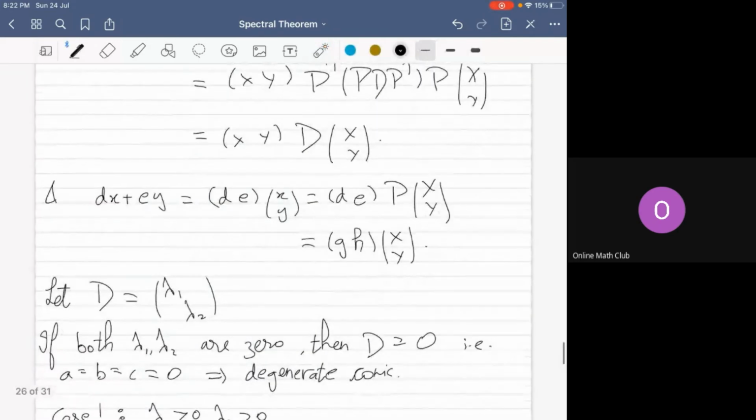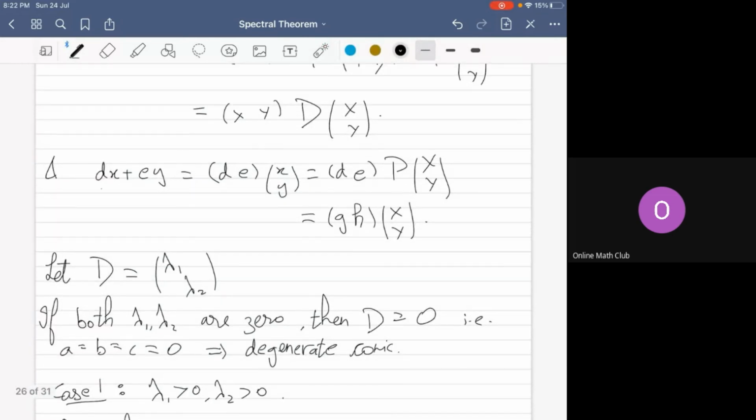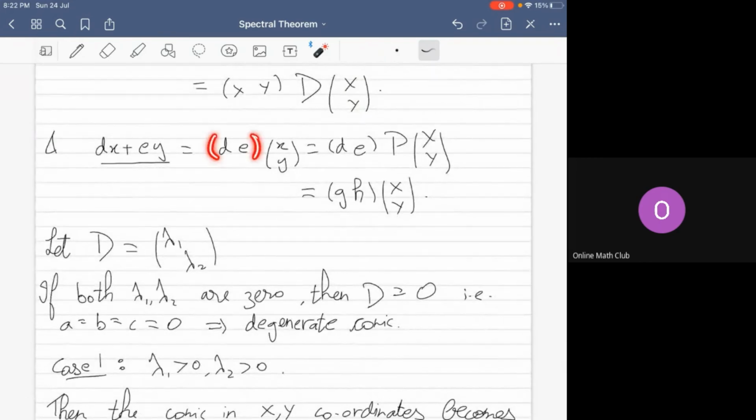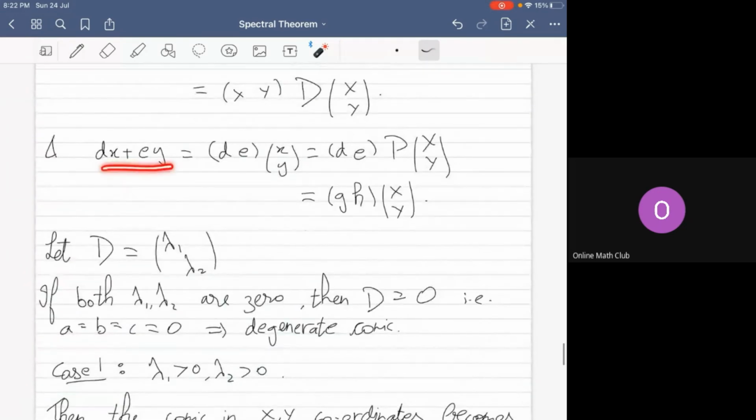And now we also convert this into a linear combination in terms of capital X, capital Y by the same thing using change of basis, as this is the degree 1 term of the conic, and this is d e times x y, which is d e times P, the change of basis matrix, times capital X, capital Y, which is some g h vector times the X Y vector.